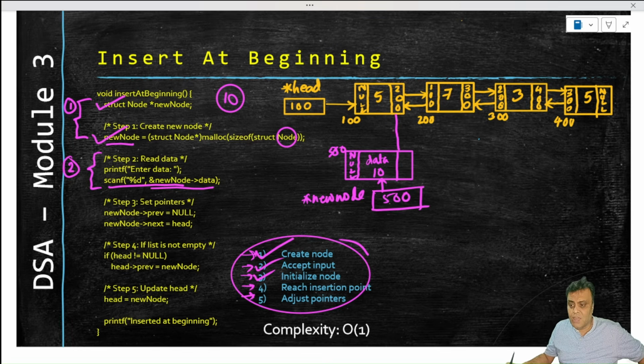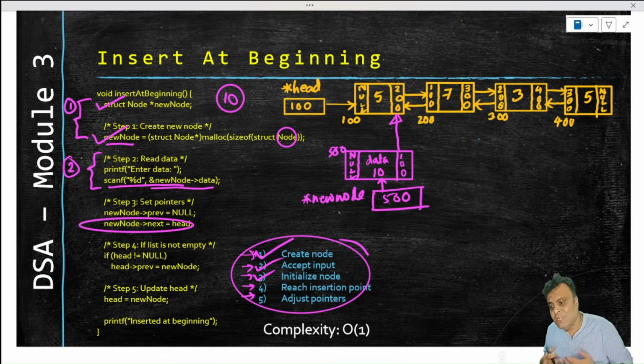So I will say this is equal to head, and this is equal to 100. Now I have initialized my node, and this will be the same initialization that I will do for all insert at beginnings, and that's why this is perfectly valid, right?